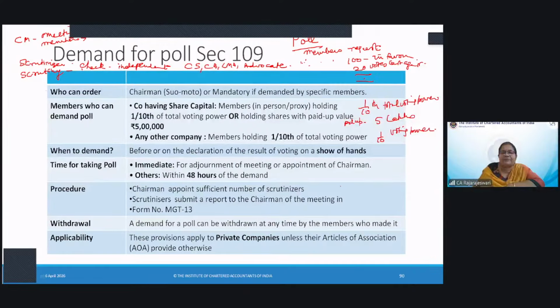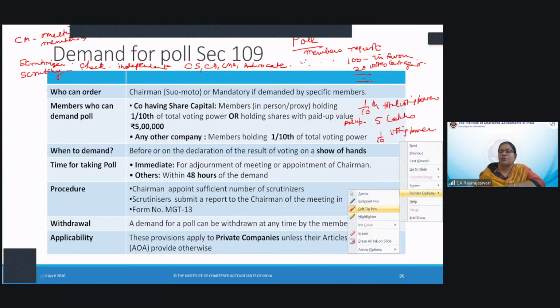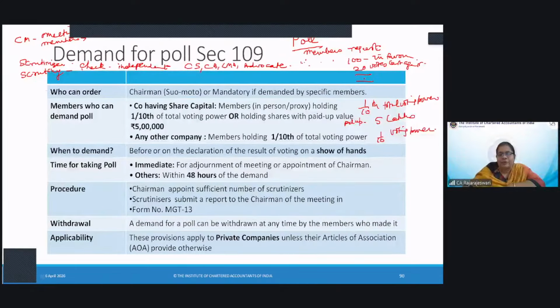That is the thing. When can you demand a poll? Before or on declaration of the result of voting on a show of hands. So even if the result has been declared by show of hands, on the declaration of the result, the next better way is going in for a poll. So this is very important.